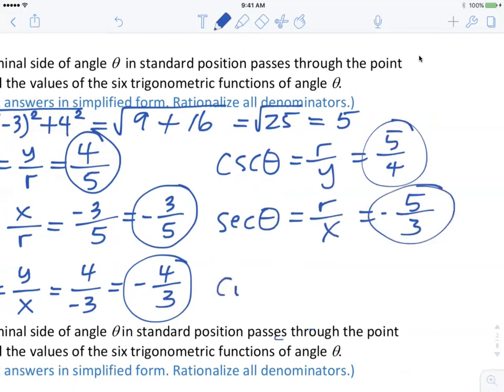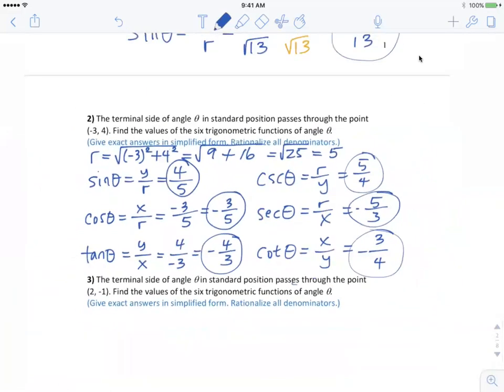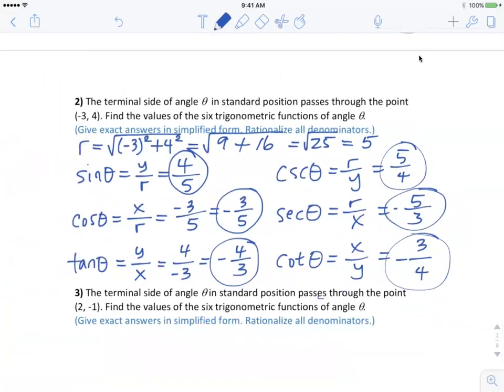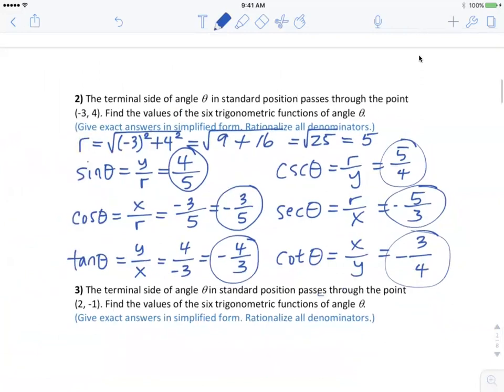And then cotangent is x over y, so just flip that one over. 3 on the top, 4 on the bottom, negative out front. And there's your 6 trig functions of that angle that goes to that point.